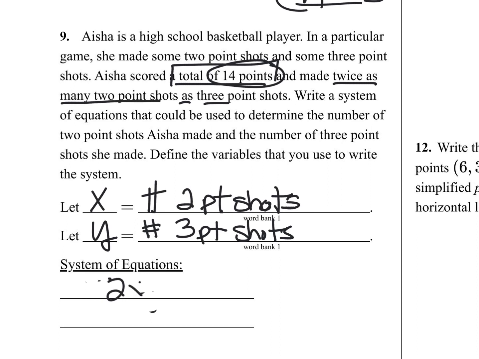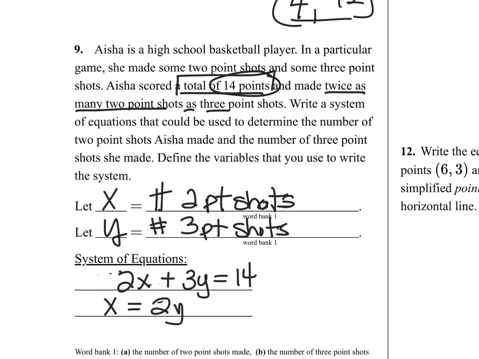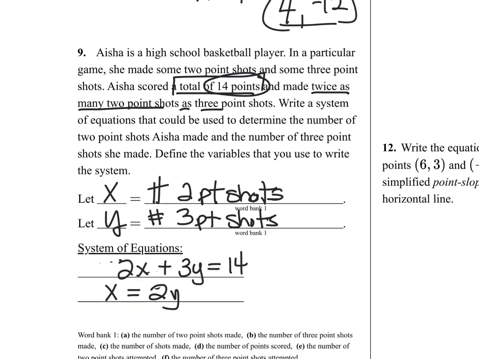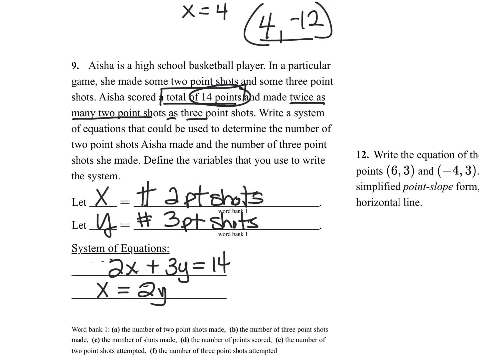So 2 times the number of shots plus 3 times the number of 3-point shots she had equals a total of 14 points. The other information they said was twice as many 2 points as 3 points. Okay, so our 2 points equals twice as many of the 3 points. Okay, so that would be how you set up. They didn't want us to solve it, they just want us to set it up.